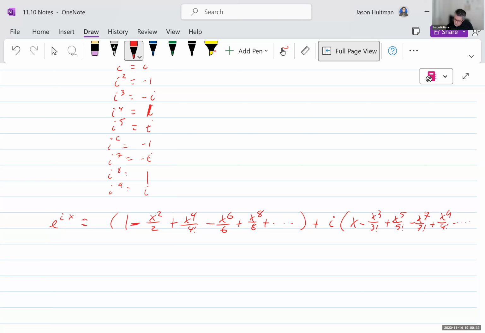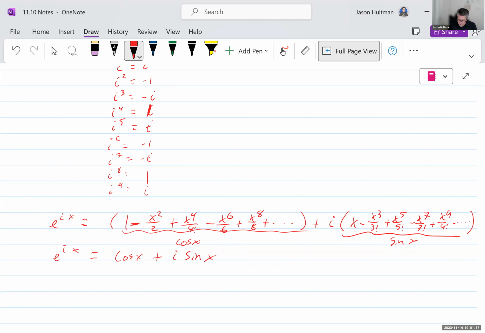And so what this tells me is that e to the ix can be written in terms of the power series for cosine and the power series for sine. So this can be written as cosine x plus i sine x.